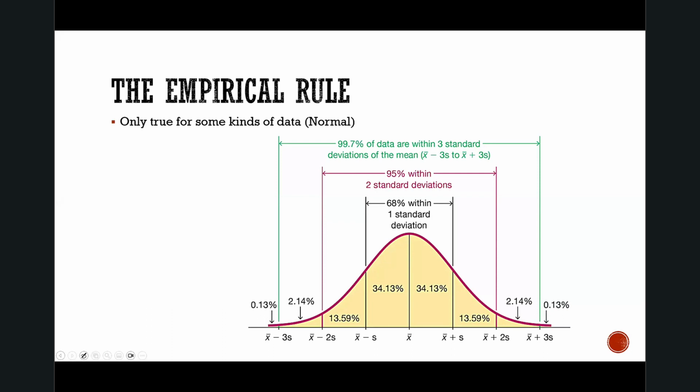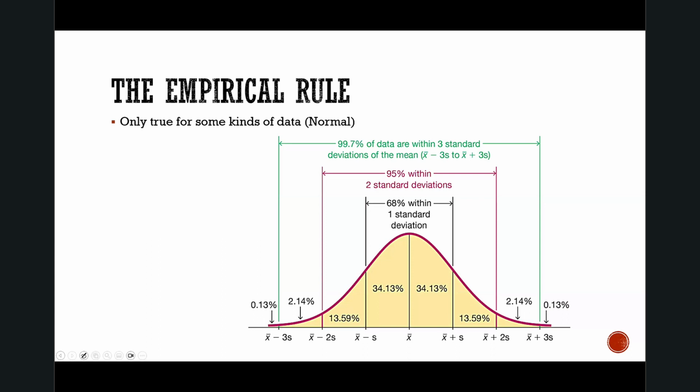You have a whole chapter on this. 68% of the time, you will vary less than 1 standard deviation. So if the standard deviation is 2 inches in height, that means 68% of every person alive is within 2 inches beneath the mean and above the mean.